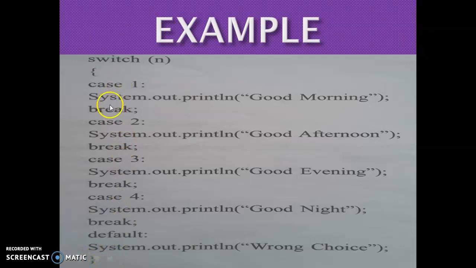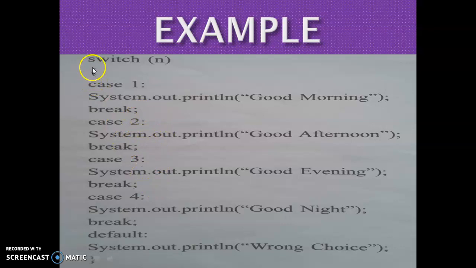But after each and every case there is no bracket. Here is a colon, not a semicolon. I again want to mention that it is a colon, not a semicolon, and each line is terminated with a semicolon. That is common for Java programs.